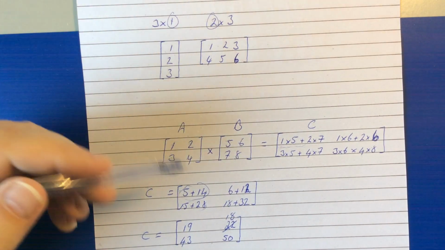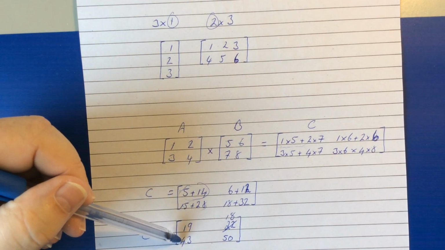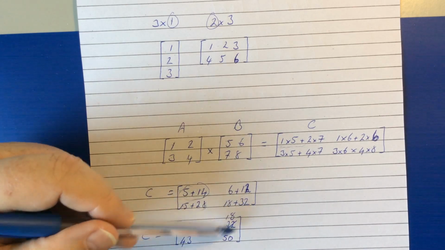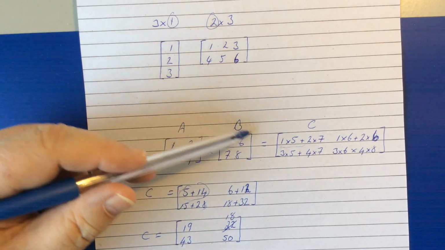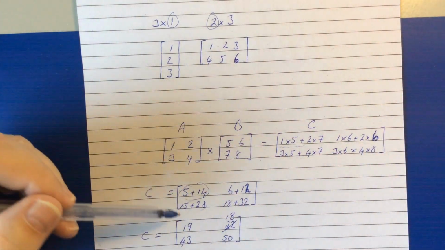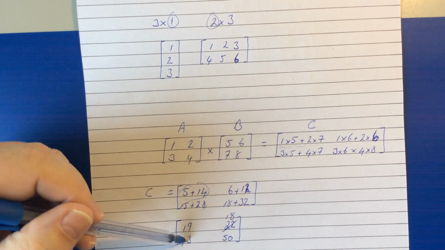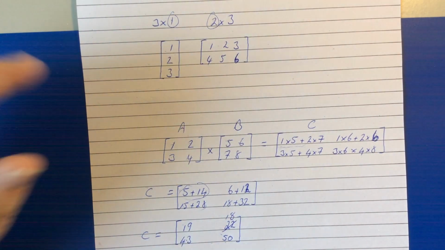Everybody makes mistakes. And we get 15 and 28, which is 43, and 18 and 32, which is 50. So this matrix times this matrix via this process gives us 19, 18, 43, and 50. Errors and omissions excluded, as they say.